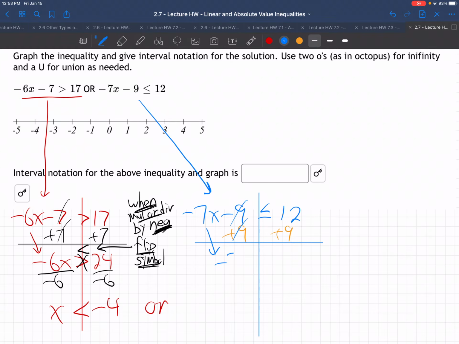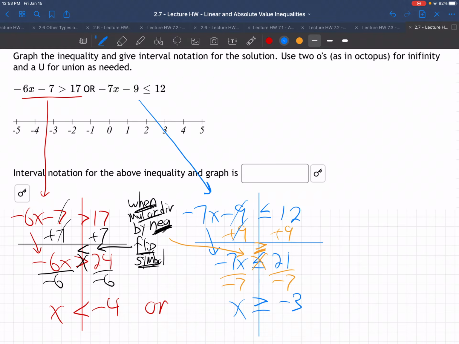Bring this down: minus 7x less than or equal to 21. Then divide by negative 7, but there it goes again. What am I going to do? Got to flip that symbol. Cross this one out. Flip it the other way because I'm dividing by a negative number. So what do we have? X is now greater than or equal to negative 3.